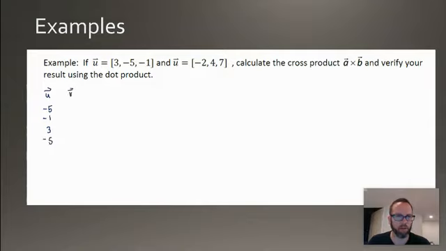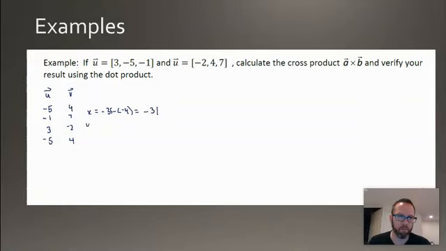So u cross v: 4, 7, -2, 4, x value -35 plus 4, or subtract should be -35, minus -4. Got to be careful of the negatives floating around. This is -31.